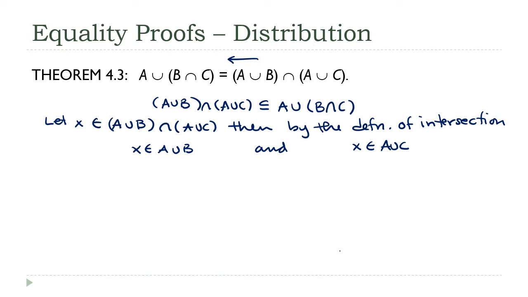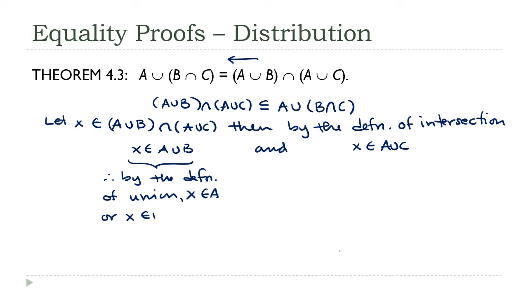So think about this part here. This is saying, therefore, by the definition of union, X is an element of A, or X is an element of B.